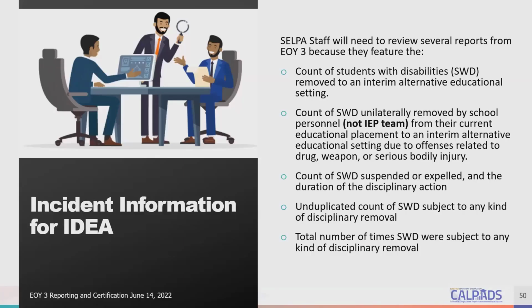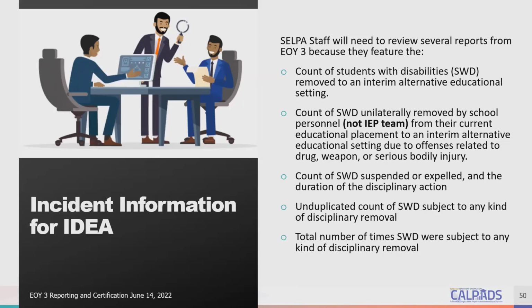And so the whole reason why we have SELPA certification is because there are 3 reports specific to students with disabilities, and those reports contain information regarding the discipline and removal of students.